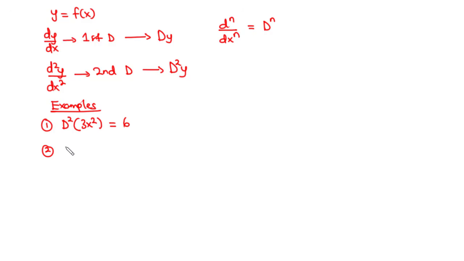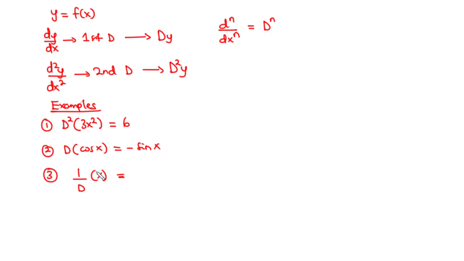Again, if you have D of cos x, then you differentiate cos x once, and you have negative sine x. Again, assuming that you have 1 over D times the function x, we know that the inverse of differentiation is integration.